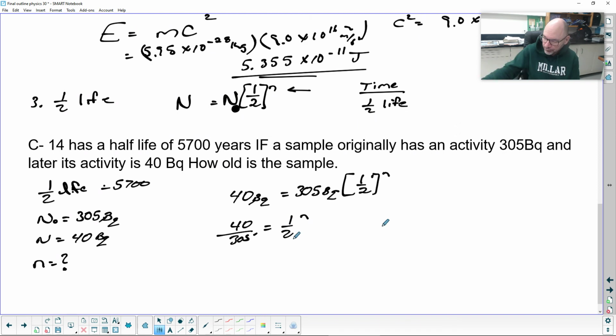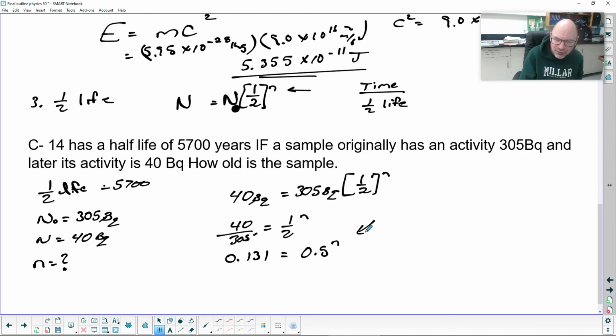We go 40 divided by 305, and we get 0.131. I'll go with 3 significant figures, because I only have 2 there. And then this equals 0.5 to the power of n.